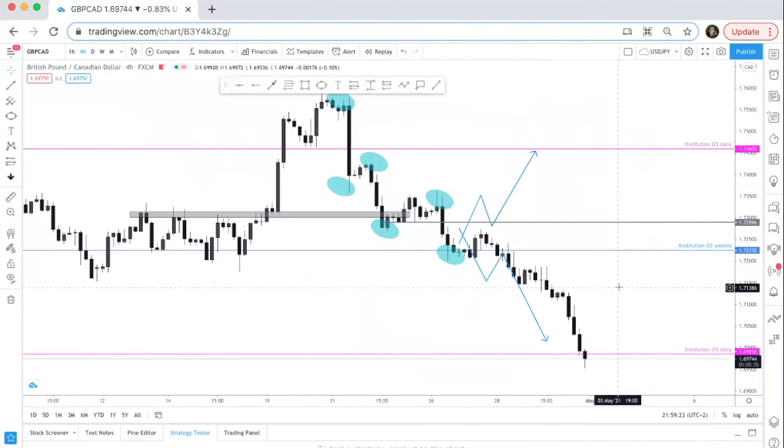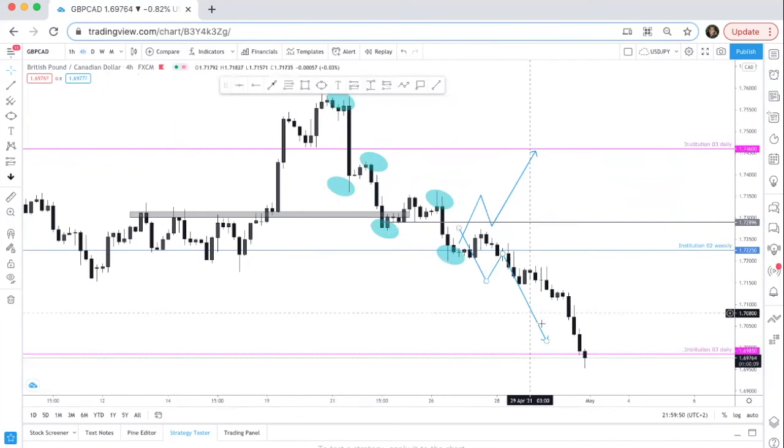And the last pair that I'll look at right now is GBP CAD. Played out perfectly as I suspected. Like I said, we were in a downtrend, but we were waiting for bullish momentum on the 1 hour, creating higher highs, higher lows. We did not get that. What we did get was a pullback, making a lower high, and then price fell exactly to my targeted area.